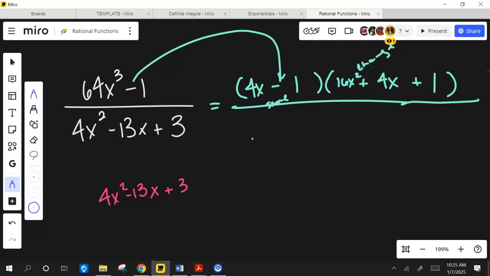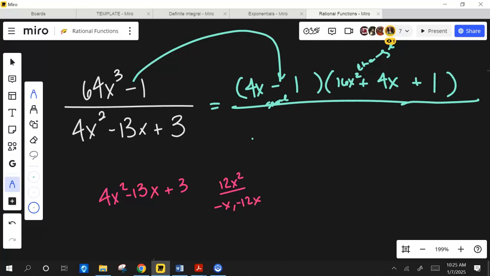No. What's in pink? No GCF, right? Multiply the first and the last together and you get what? 12x squared. Give me two things that multiply to 12x squared, but add to negative 13x.